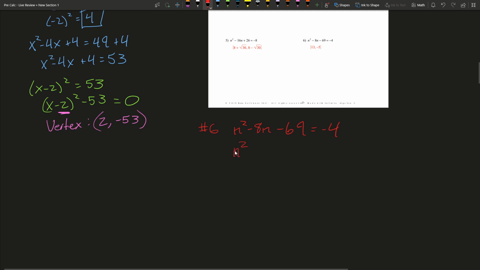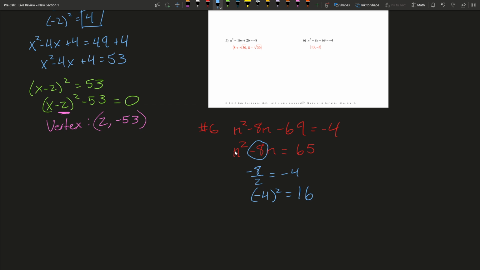So we get n squared minus 8n is equal to 65. Then we take this middle value and divide it by 2, which gives us negative 4. Then we take that value and square it to get 16. And then we add that value to both sides.